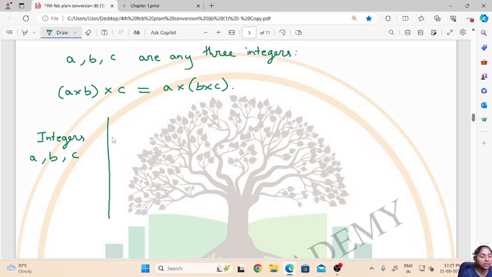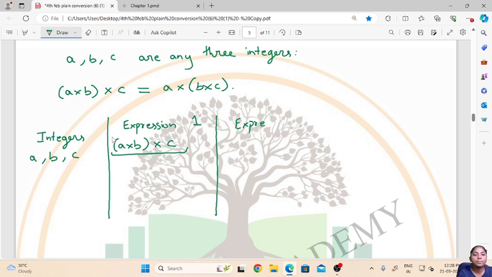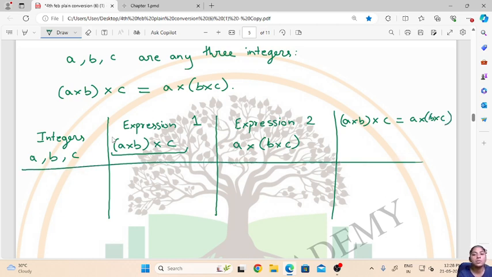Then we need the expression (a × b) × c and the second expression a × (b × c). We put the integers into these expressions, solve them, and see if they are equal.